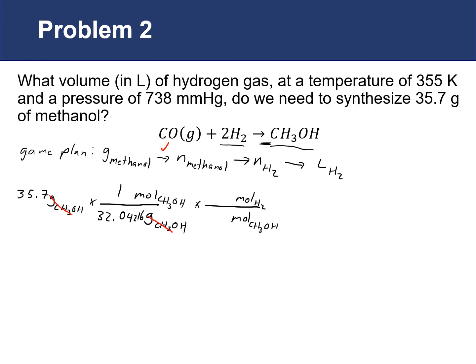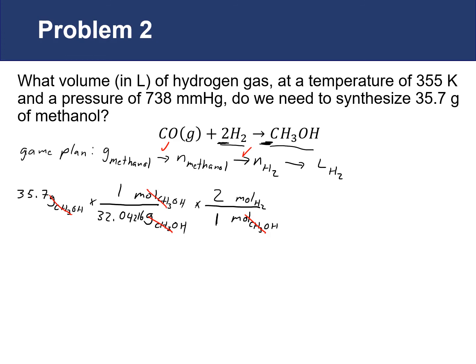So our value for methanol, because there's nothing here, that's a 1. 1 goes there. And then for our hydrogen, our coefficient is a 2, so 2 goes on top. Our moles cancel out, leaving us with moles of hydrogen, which is our second transition that we were interested in.